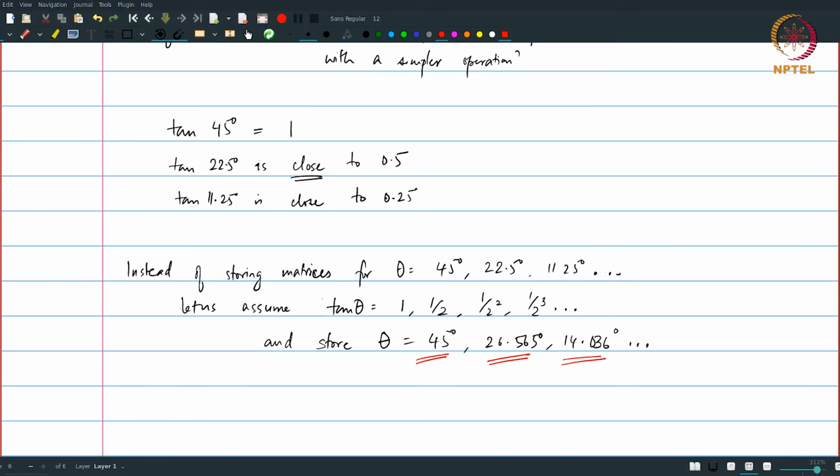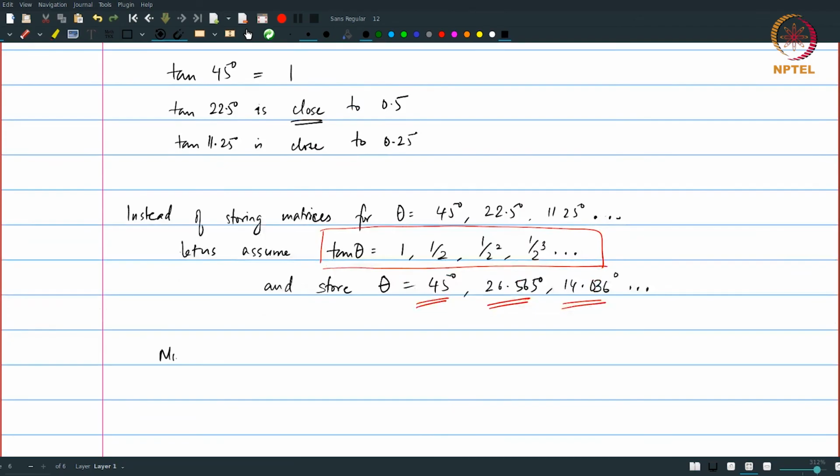The main reason it helps us is the tan thetas are all now inverse powers of 2, and multiplication by 2 power minus k is essentially just a right shift for a fixed point representation of numbers.